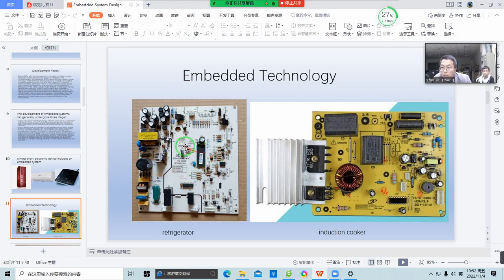This processor will gather the information and read the sensor data. First, these sensor data are processed by some analog circuit, and then the analog circuit changes the signal to digital format, like an AD converter, DA converter.